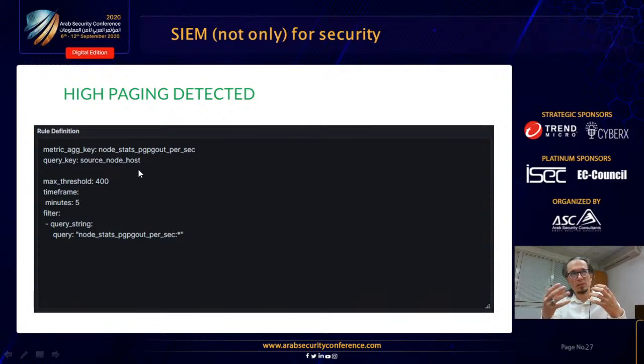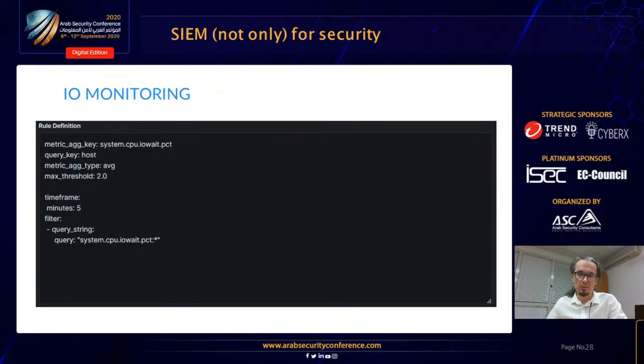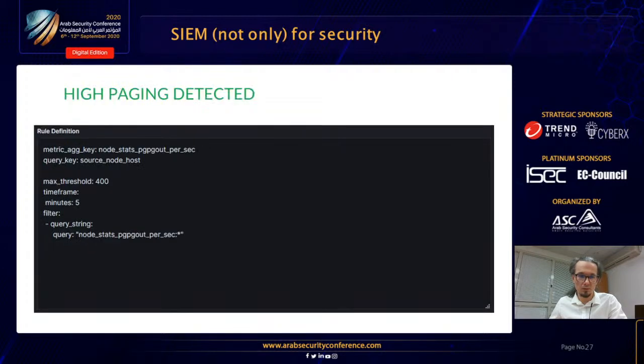So we can basically alert the whole group, the whole aspect of infrastructure or parts of host. But in this case, we are grouping per host the paging alerting. And again, over the time frame of 5 minutes, average value of paging alerting. The threshold here was 400.